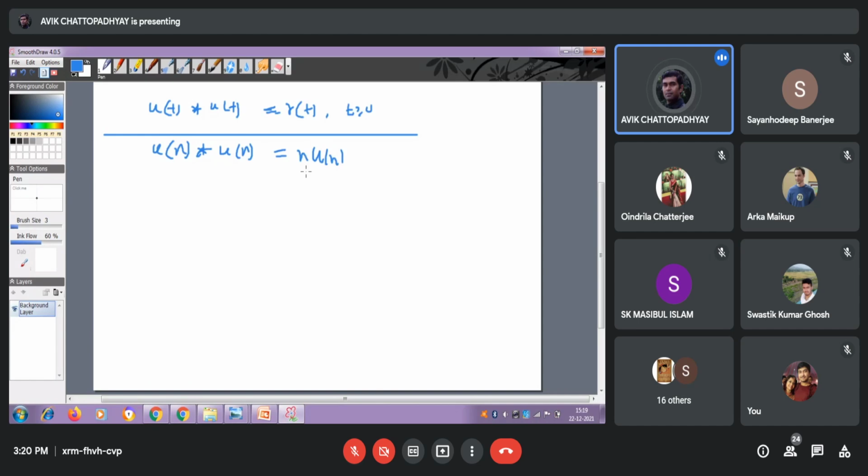What is the difference between these two? Basically, I am asking whether this convolved version is the same or analogous to this, or exactly identical to this.